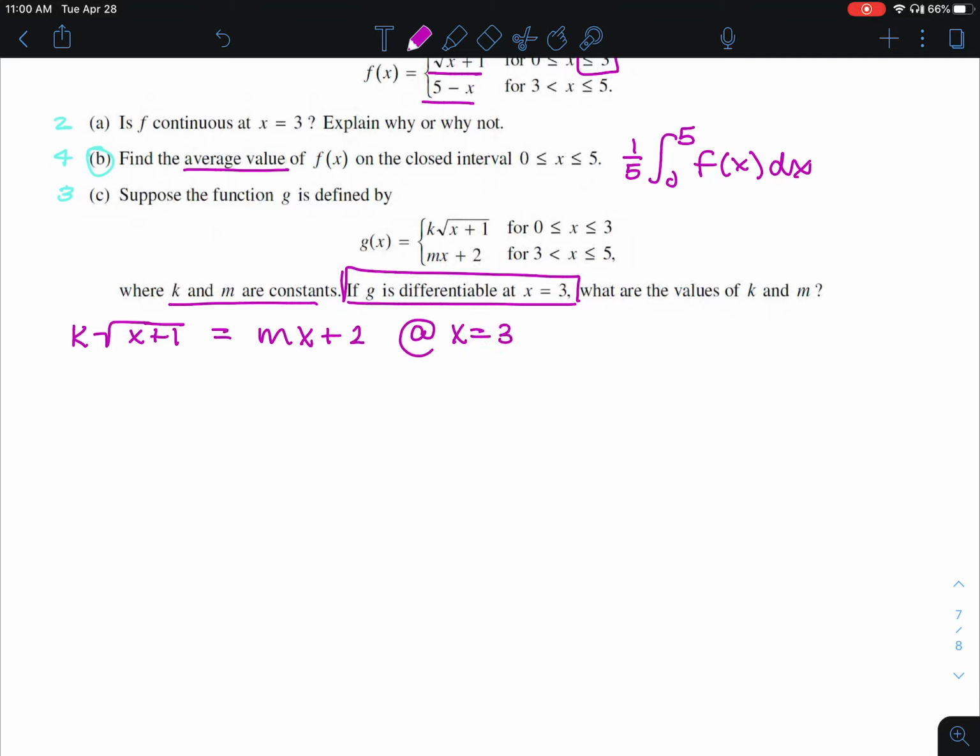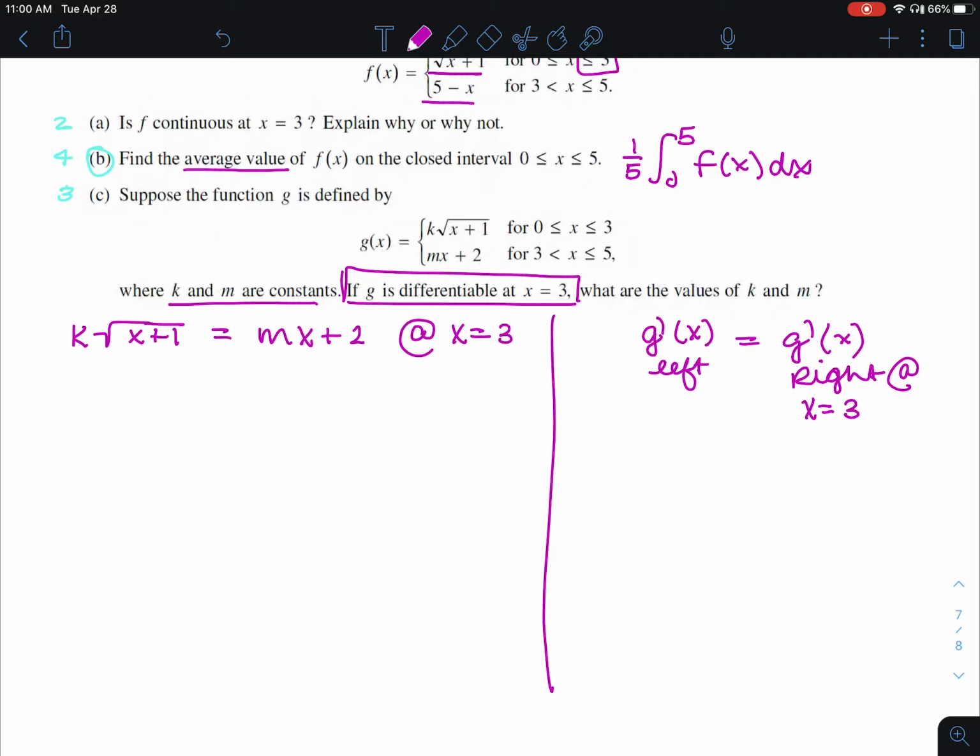And we also know that g prime of x from the left equals g prime of x from the right at x equals 3. So you'll do these two portions separately, you'll get two equations, and then you'll solve it by systems.